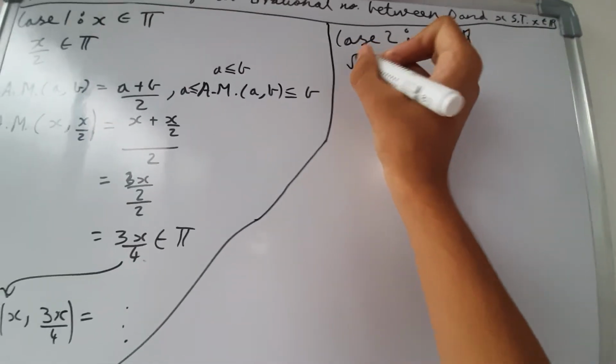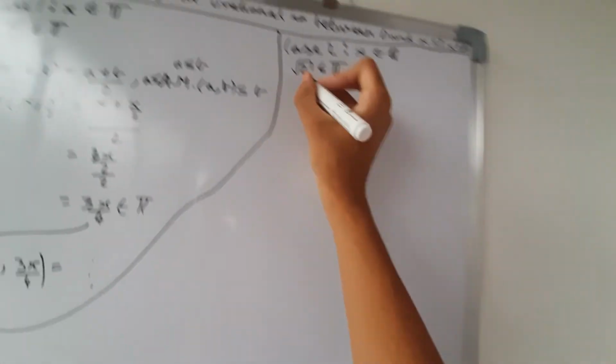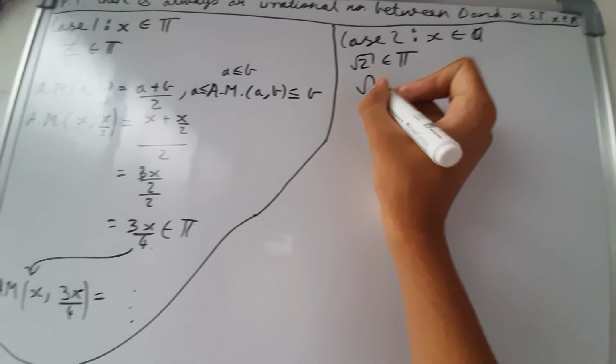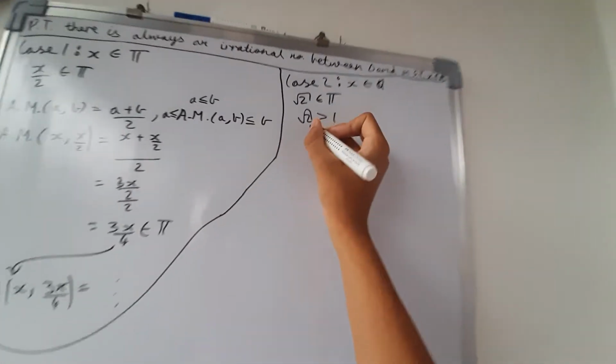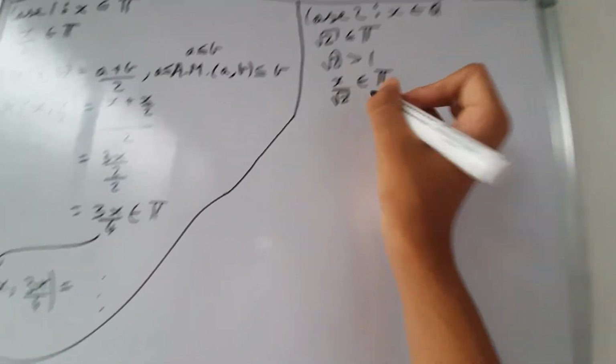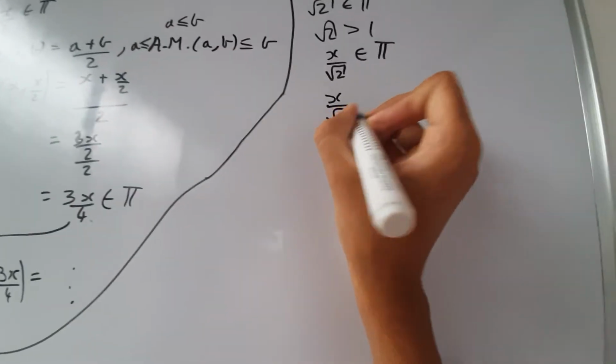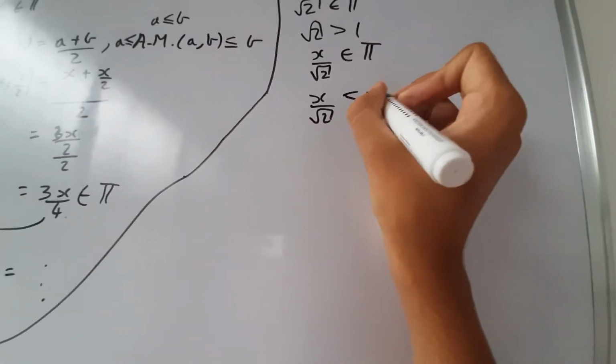Basically, since root 2 is an element of the irrational numbers, and of course root 2 is also greater than 1, we know that x upon root 2 is an element of the irrational numbers. That's the first thing. The second thing is x upon root 2 is less than x.